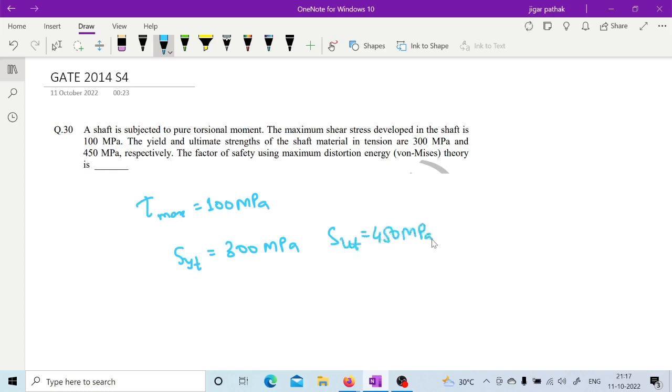The factor of safety using maximum distortion energy theory, right? So can you try this question?